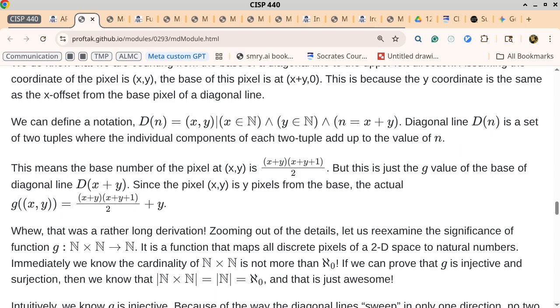The mechanism of sweeping in a diagonal way says it is not possible. The second question is, is it surjective? In other words, given any tile in that two-dimensional space, does it have a number? Is this mechanism possible to skip a particular tile and not give it a number? Well, the sweeping mechanism says it's not possible because of the way that it is swept.